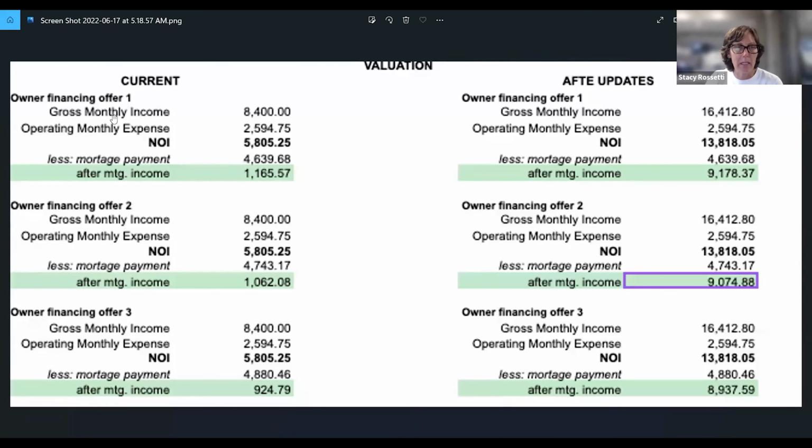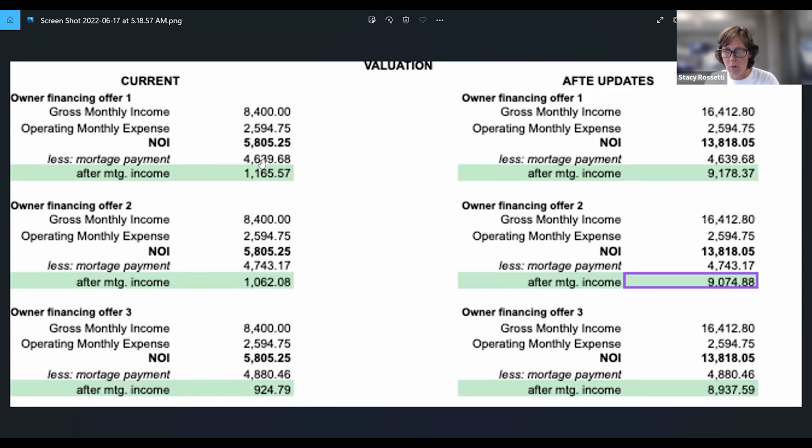So we have the owner financing. So these are the three offers. And I don't know if this is the same offer or not. They need a different offer. I'm not sure. But essentially, you can see we have the three offers: owner financing 1, 2, 3. You have the gross monthly income, right, minus the operating expenses equals this. This is on a monthly basis. All right.